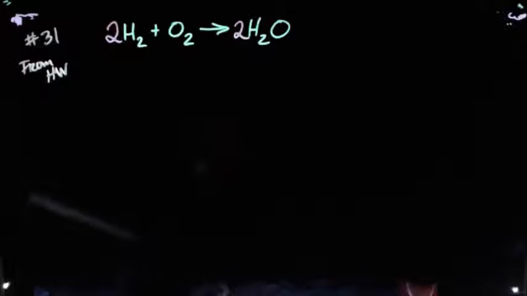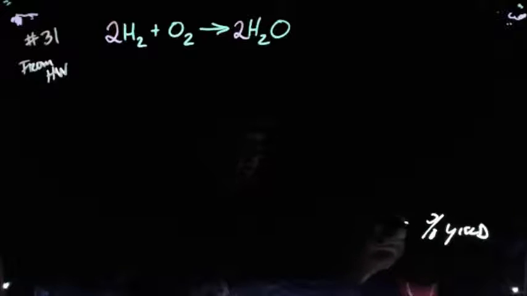Then the question tells us that 750 mL of oxygen at 800 millimeters of mercury and 45 degrees Celsius react with excess hydrogen, so there's plenty of hydrogen, we don't need to worry about it limiting the extent of the reaction. What is the percent yield if 0.750 grams of water are actually produced?